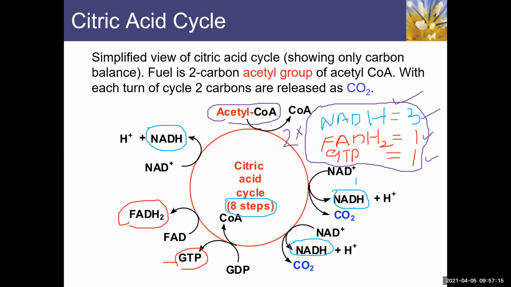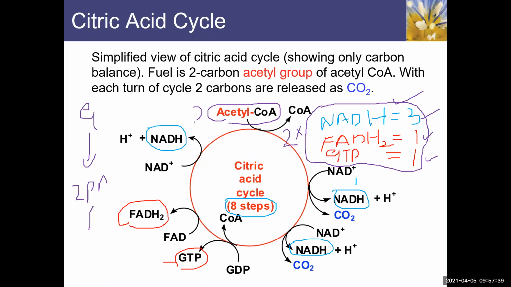Because initially, when the glucose was split to produce pyruvic acid, it produced two molecules of pyruvic acid. So eventually you will obviously have two molecules of acetyl-CoA.